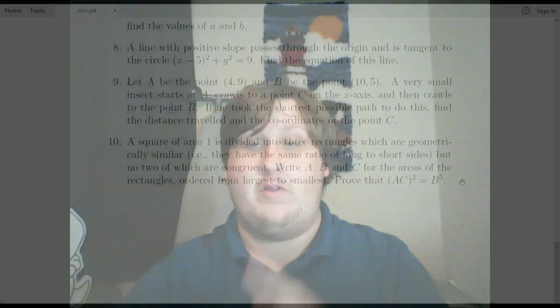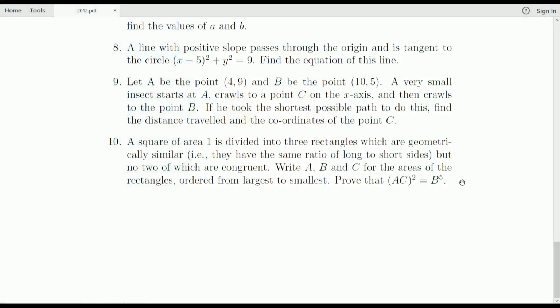I'm inclined to believe it's the latter, just because, and this is just from experience, you'll notice here we've got a B to the 5. Fifth powers don't usually, at least in my experience, pop up when you're talking about areas and two-dimensional things. Like the square is fine, and if this were a 4th power, maybe. 6th power, maybe. But 5th power, that seems bizarrely out of place.